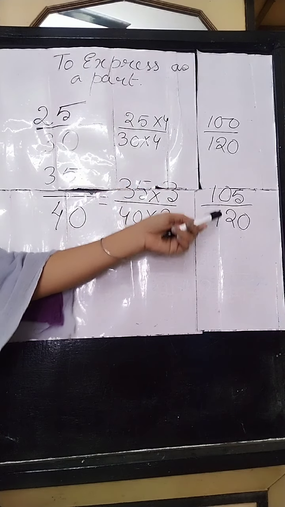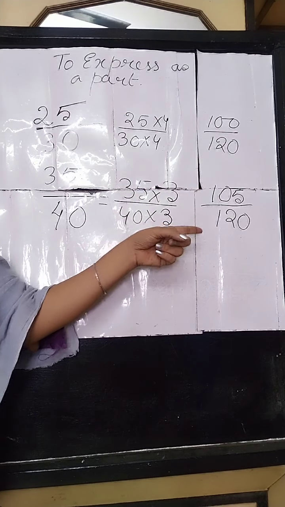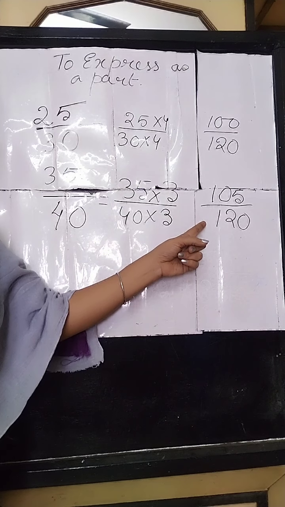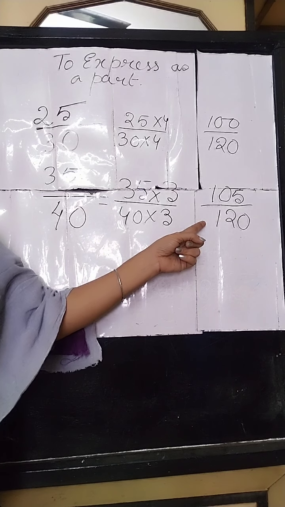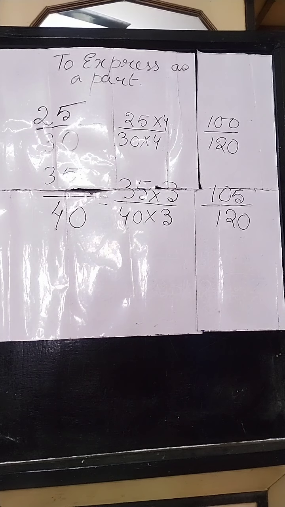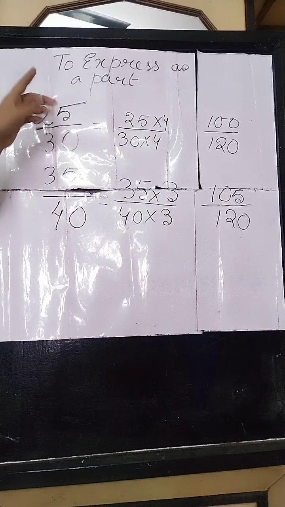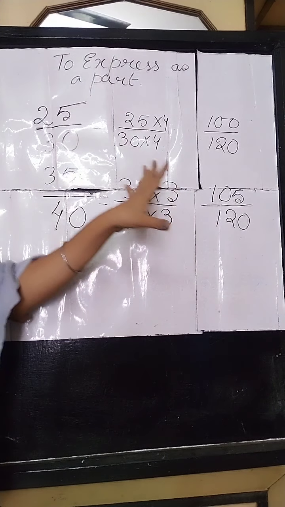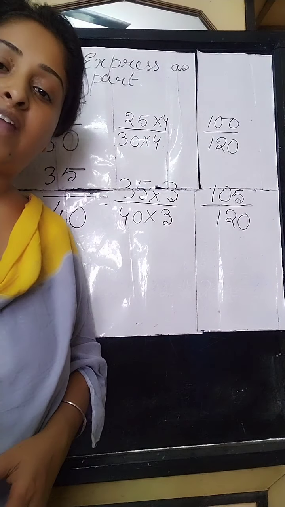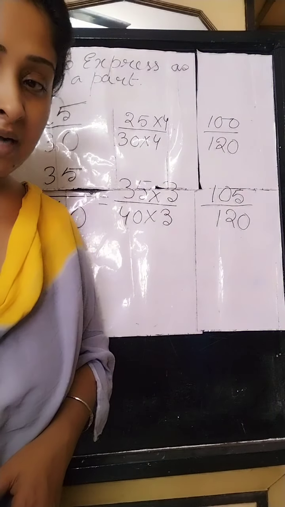Both the denominators being 120, we can easily compare the two performances and we can notice that 105 by 120 is a better performance. So your friend has scored better marks. So this is what is in the chapter to express as a part. This chapter is based on this fractional comparison.